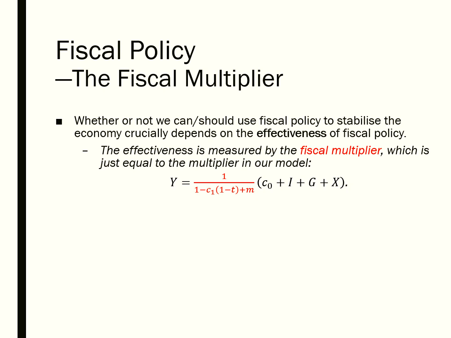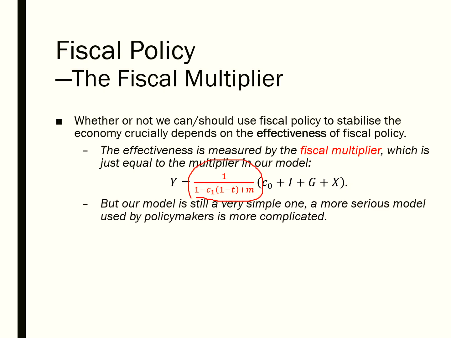And this fiscal multiplier is the Keynesian multiplier we just introduced in the multiplier model. That is the red part here. This 1 over 1 minus C1 multiplied by 1 minus T plus M. So if this multiplier is big enough, then we should use the fiscal policy to stabilize the economy. Otherwise, we shouldn't. It boils down to an empirical question.